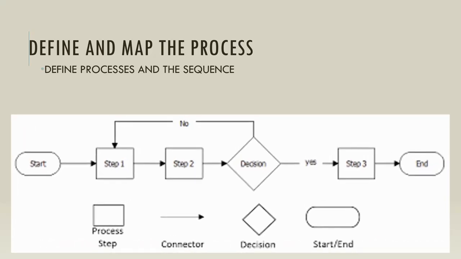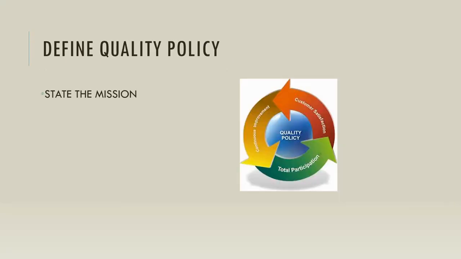So those are the things involved in this process. Starting from the beginning, different steps, different decision making processes. So all these things are involved when we talk about the map. So what will be there in that quality policy?